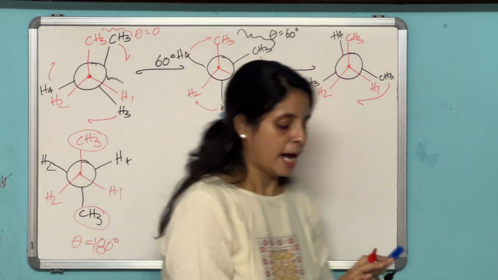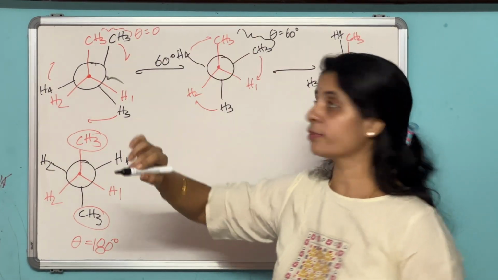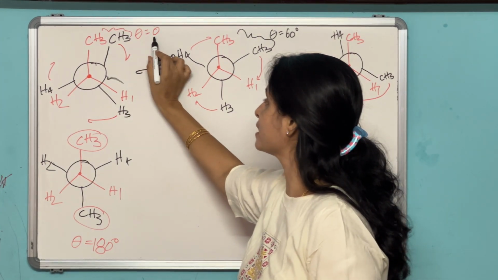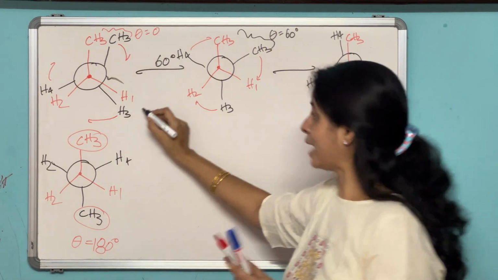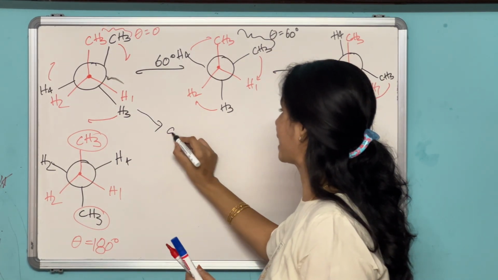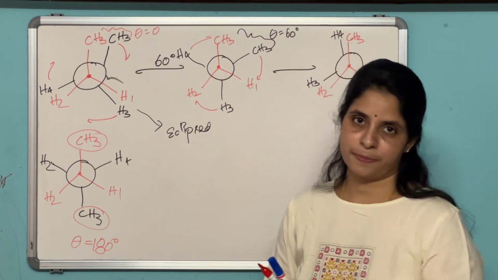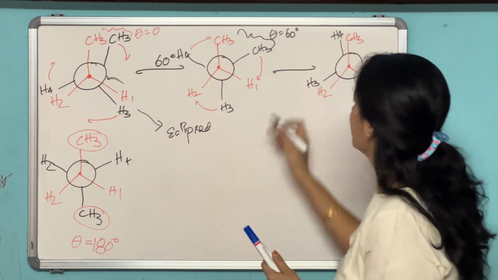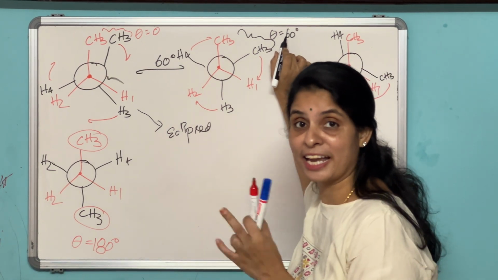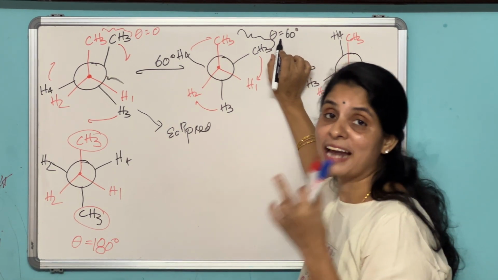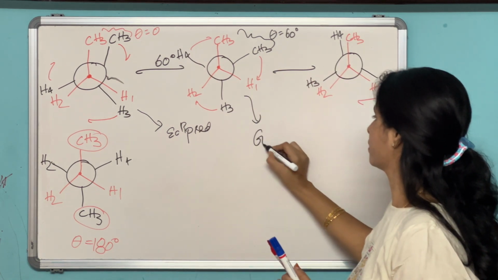I told you in the conformations of ethane, if the dihedral angle theta is equal to 0, we call that conformation an eclipsed conformation. And if theta is equal to 60, we call that a staggered conformation. But here there is also a gauche conformation.